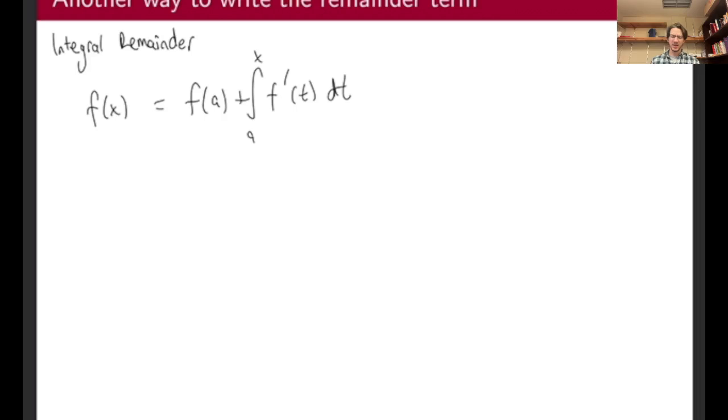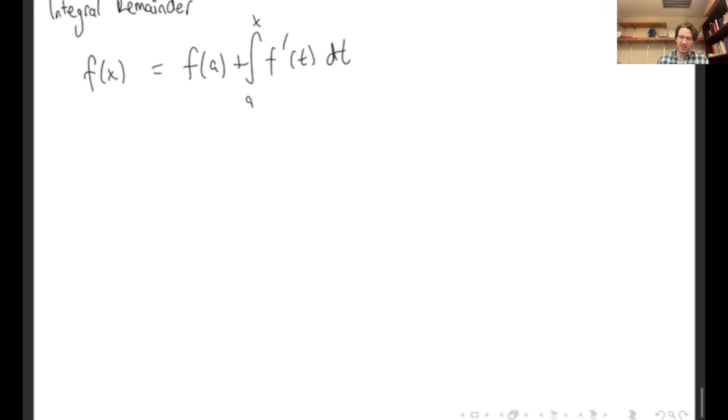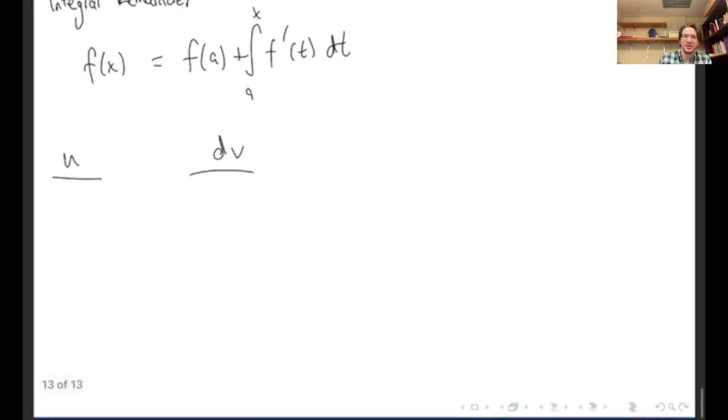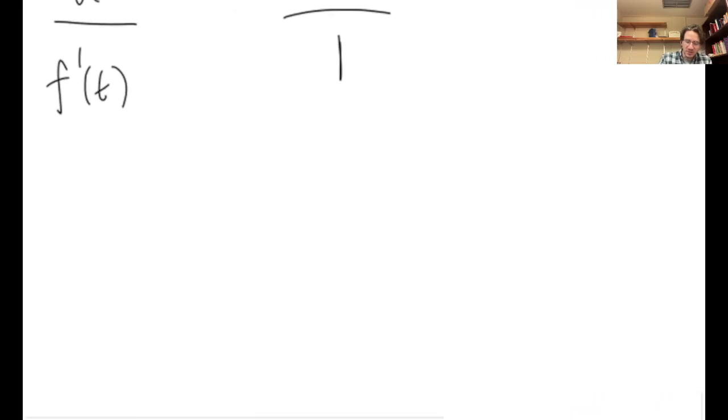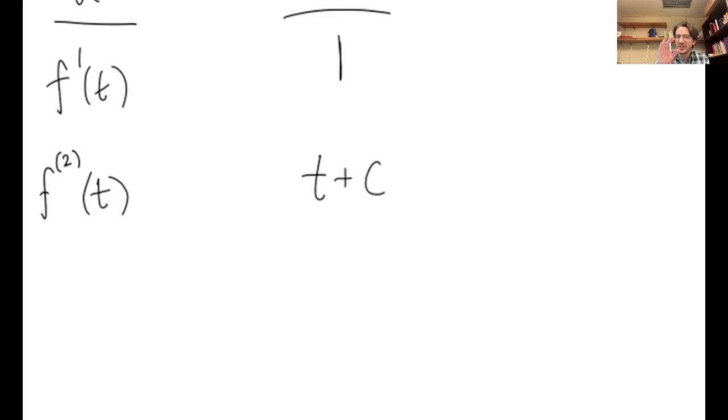Okay. And now let me start doing integration by parts. u, dv. And I'm going to do the only thing that I can do. I'm going to put f prime of t as u and dv as just 1 dt. I'm going to start differentiating on the left, I get the second derivative of f at t, and integrating on the right, I get t plus, I'm going to write the plus c for a second, and just see what we get.